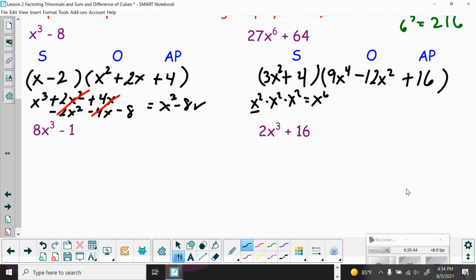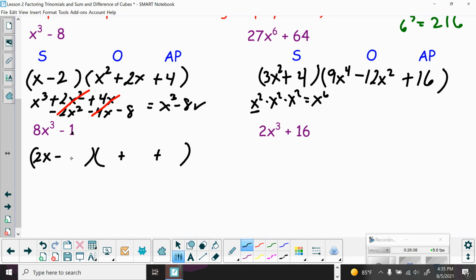Okay, let's look at these next two. 8x cubed minus 1. Perfect cube, perfect cube. So I'm going to need my 2 and my 3. My same, my opposite, and my always plus. The cube root of 8 is 2. The cube root of x cubed is x.